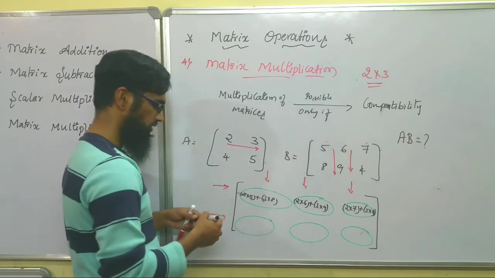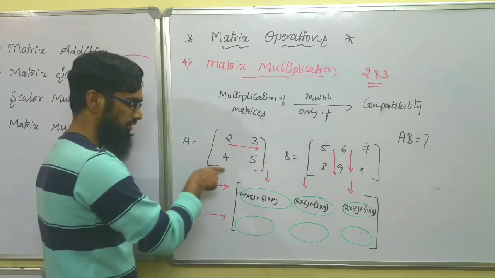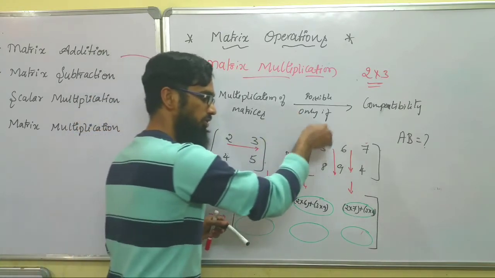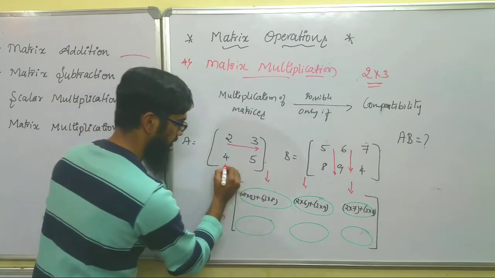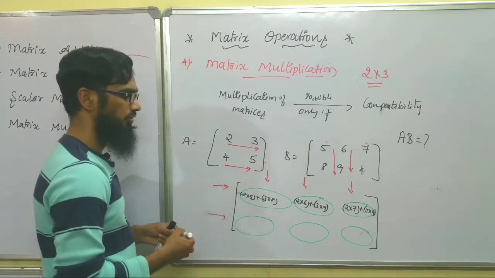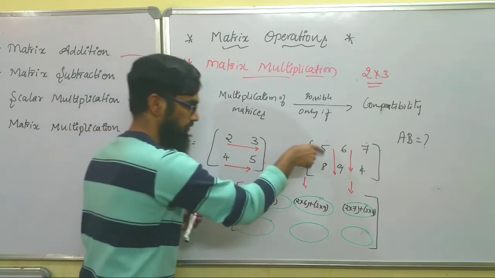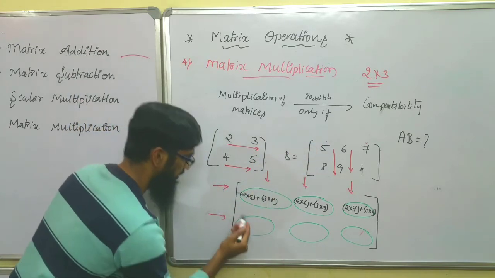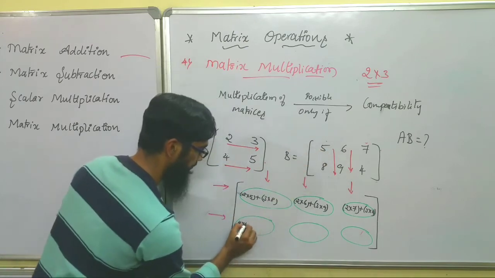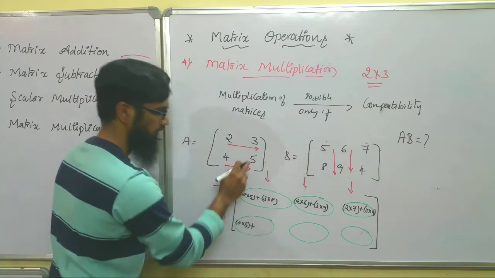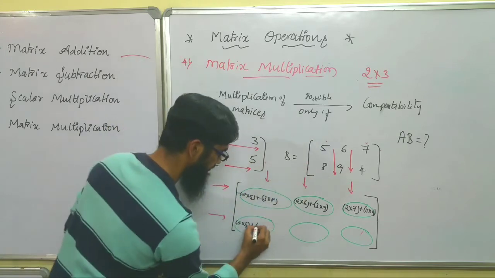Now again take the second row, multiply with each column and write in place here. I'll go for this one now, the second row, first column. So I'll write 4 into 5 plus 5 into 8.